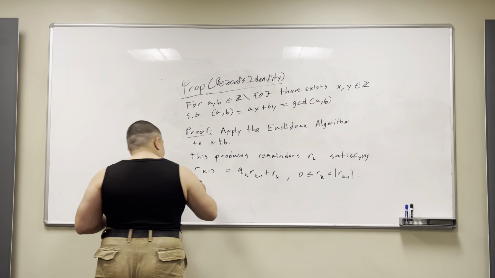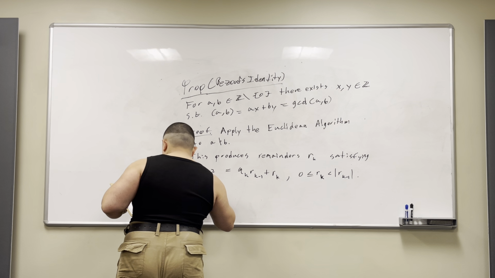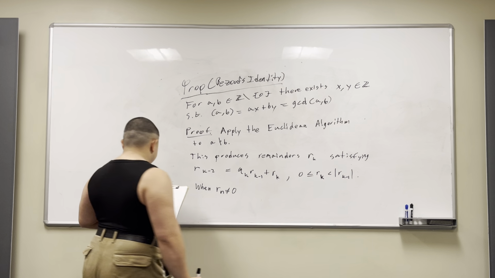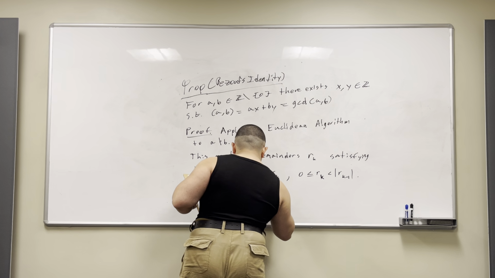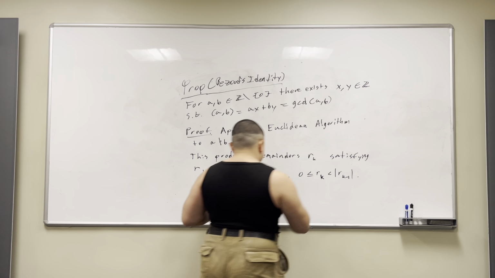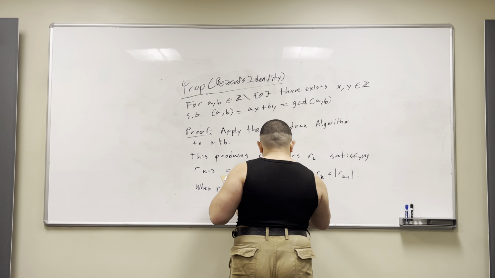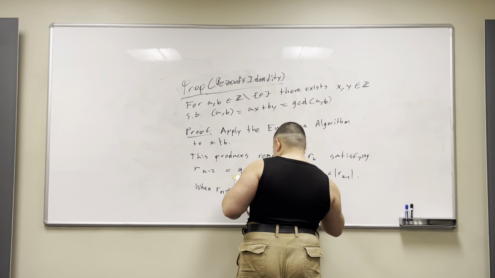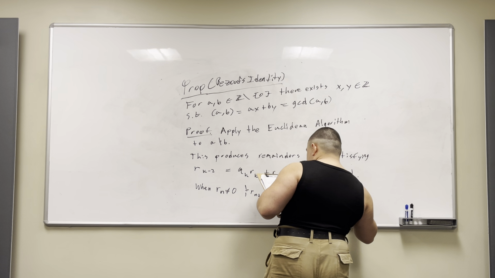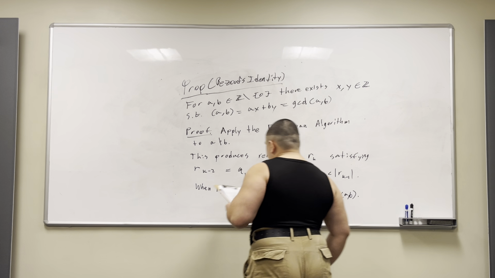Now, when r sub n is not equal to 0, and r sub n plus 1 is equal to 0, what we have is r sub n is equal to the GCD of a and b.